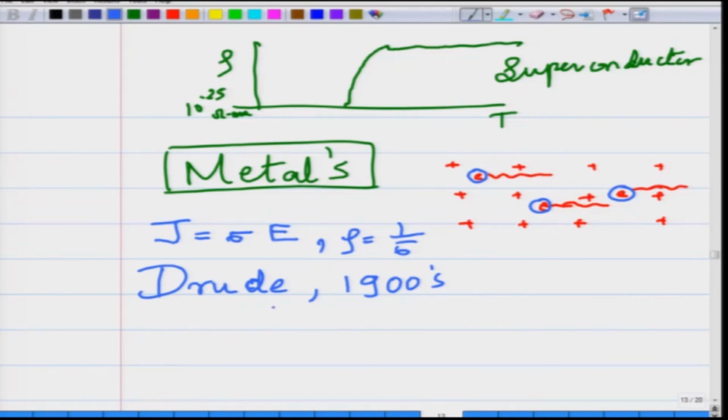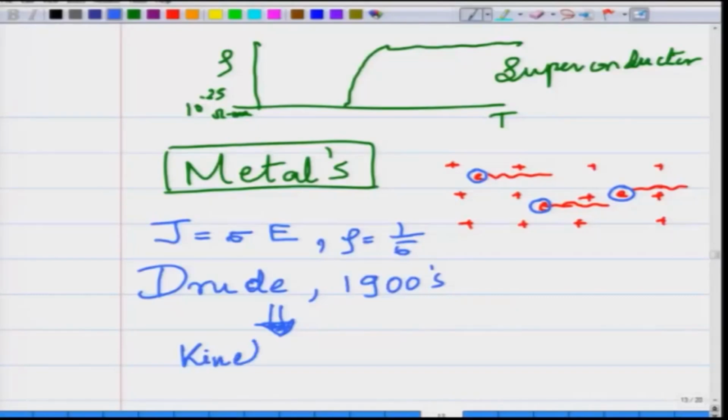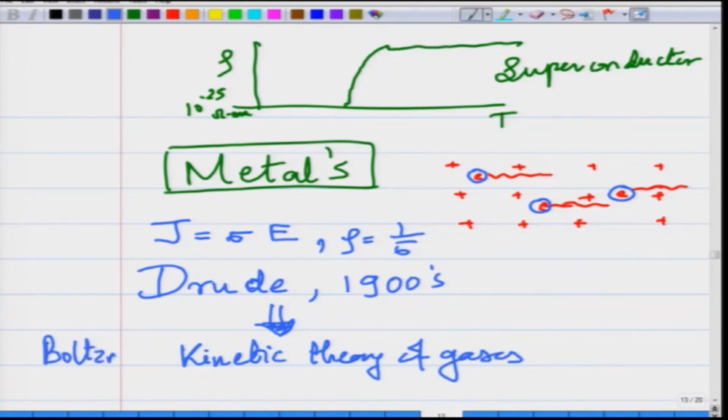And his idea was simple. He realized that he could invoke a model which is very similar to the kinetic theory of gases to explain the behavior of electrons inside a metal.